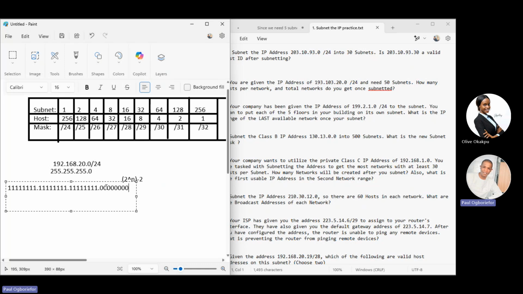Okay, so this is it. I think I'm being too fast. Do you understand the concept of this table? Yes, I do. But the part I'm still trying to understand is that formula you mentioned, 2 raised to the power of n, minus 2.